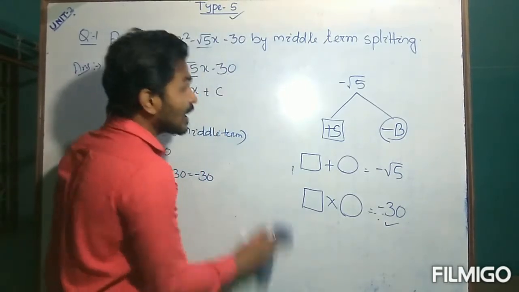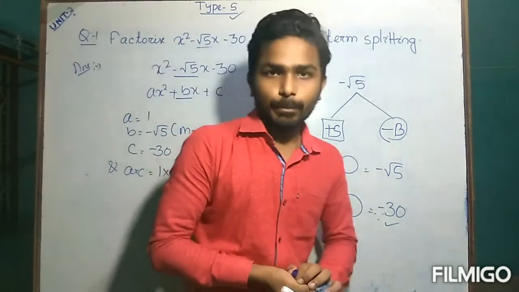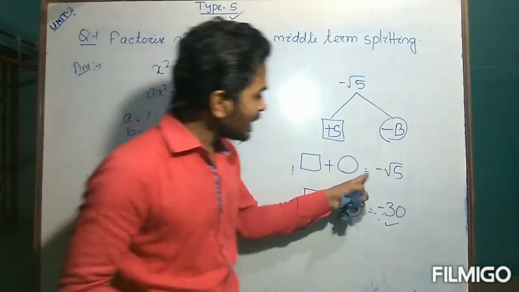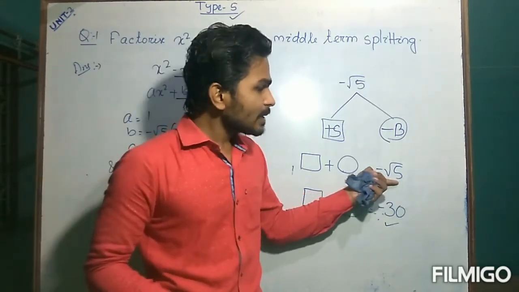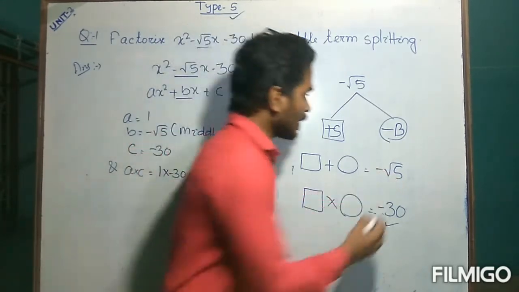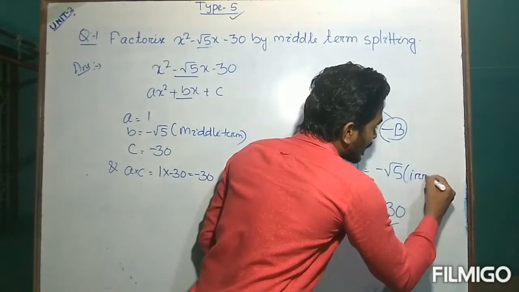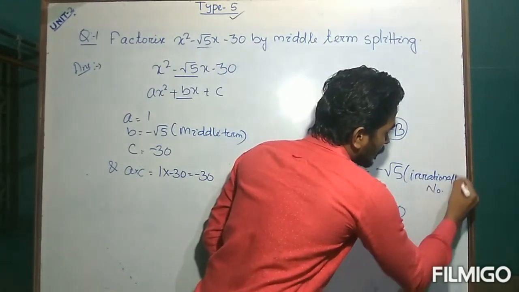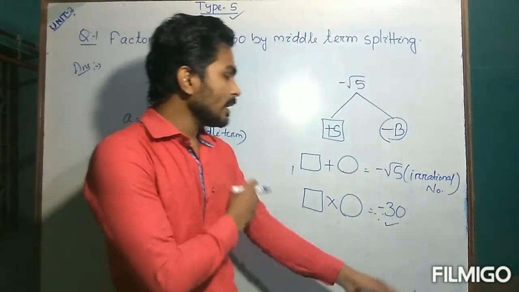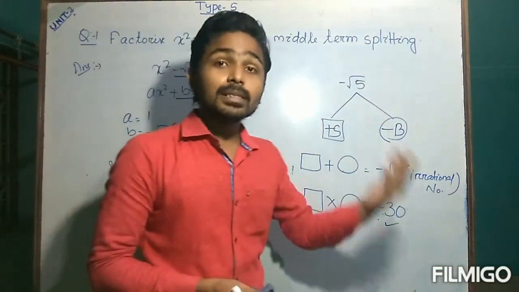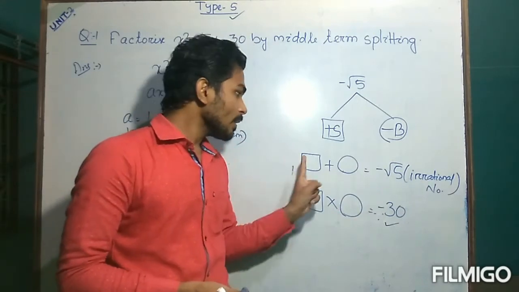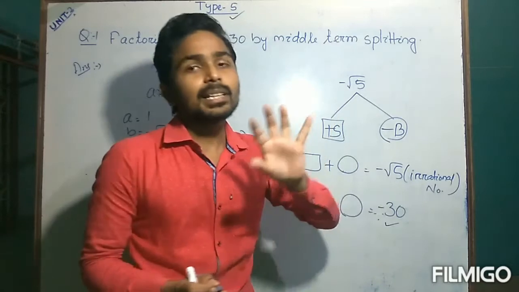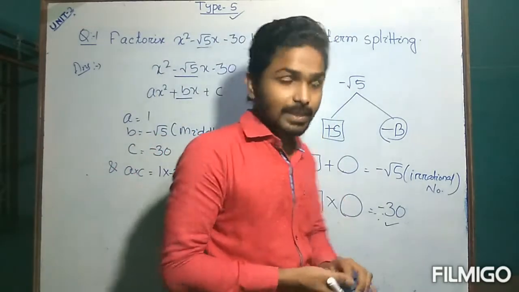Now how can we split this minus root 5 into two terms? You can see in the addition it gives an irrational number. Understand it carefully. As we know from the number system, chapter 1, whenever two irrational numbers are added, it gives an irrational number. Yes or no? Yes.